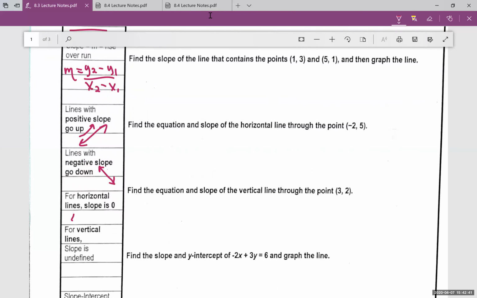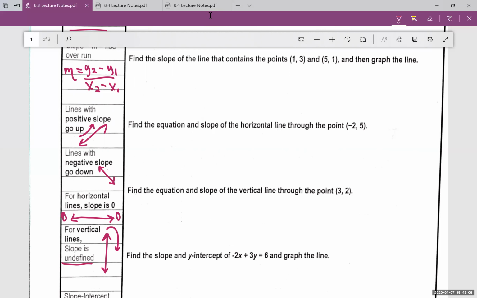Think about walking along the ground. There's no slope whatsoever. Slope is 0. Just even. You're not going up, you're not going down. So horizontal lines, slope is 0. Vertical lines, think of yourself perhaps falling off something. We don't know what's going to happen to you.